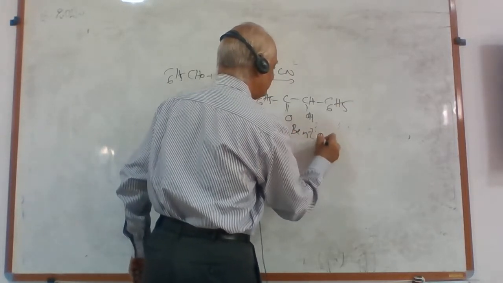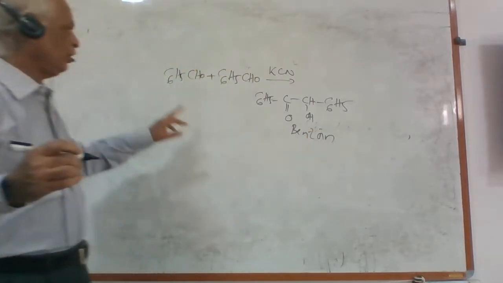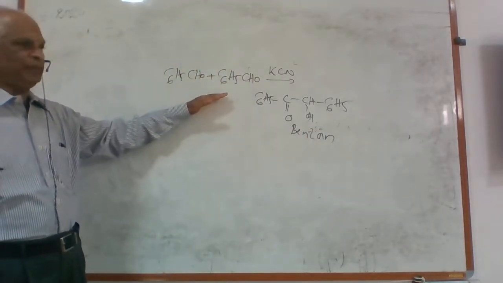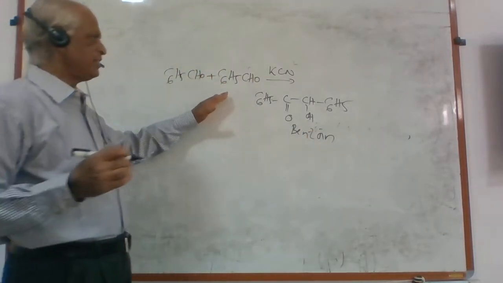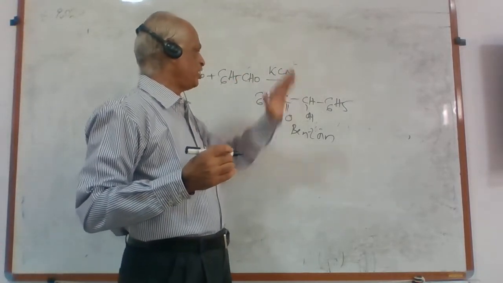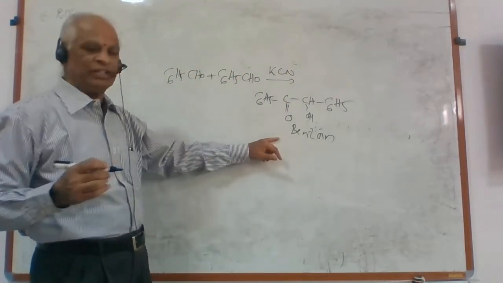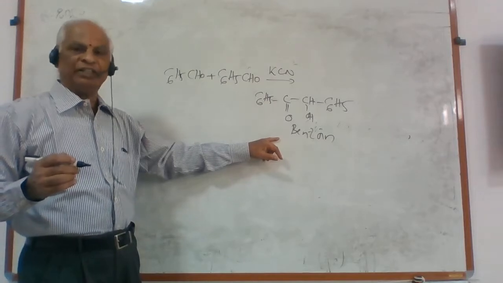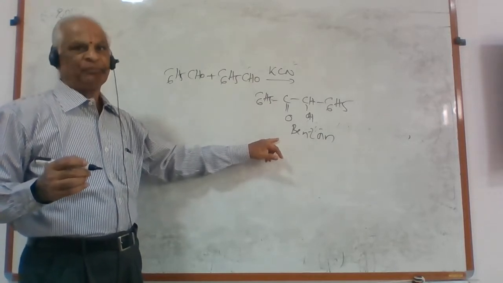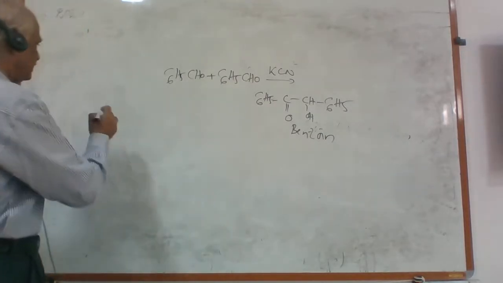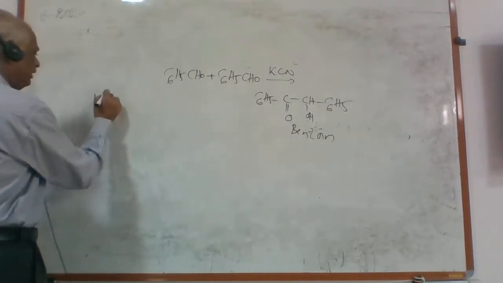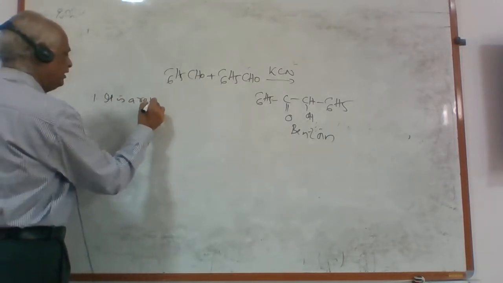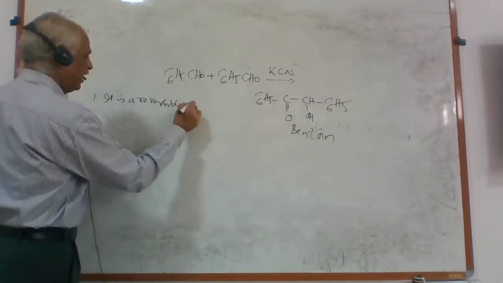It is called benzoin. So, two molecules of benzaldehyde dimerize in presence of potassium cyanide to form benzoin, which is called benzoin condensation reaction.